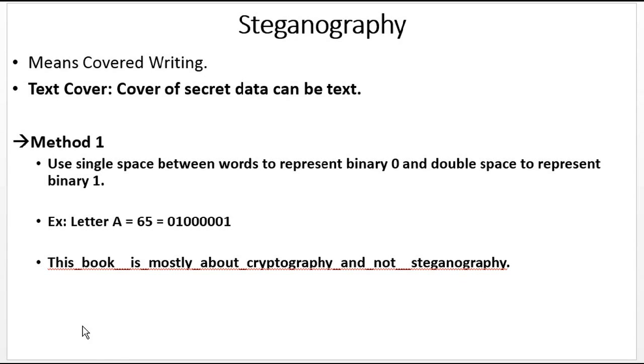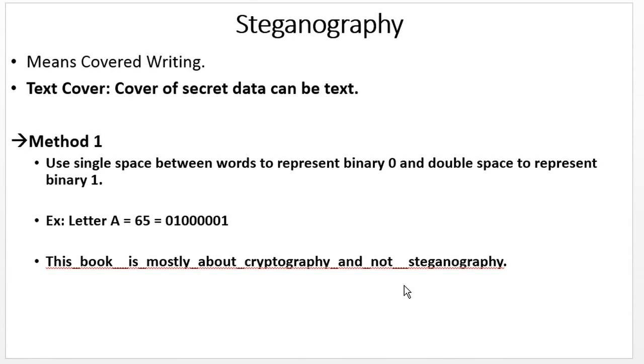Here we can see that after this we have one space, which represents 0, and after book we have two spaces, which represents 1, and after is there is a single space, which represents 0. Similarly, we can further notice that all zeros are represented by single spaces and ones are represented by double spaces.